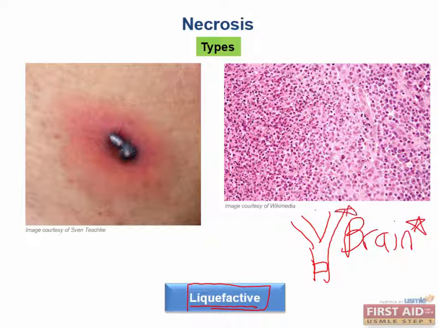You have to know this. It's so important. Okay? Remember that. And the reason really is somewhat unclear, but it's thought to be due to the brain's flimsy meshwork. So it just has a bunch of microglia and neurons, fatty neurons, and not really anything that can support the dead tissue. So once it dies, it just all collapses and liquefies into this soupy mush.